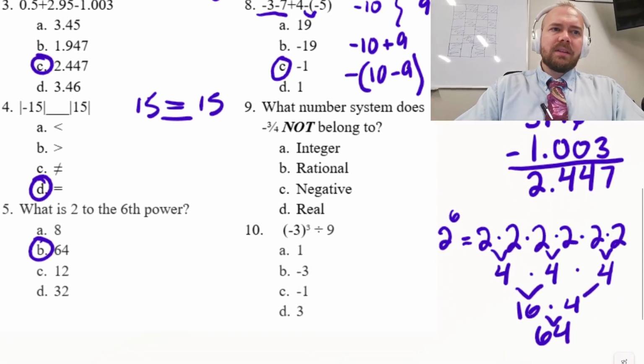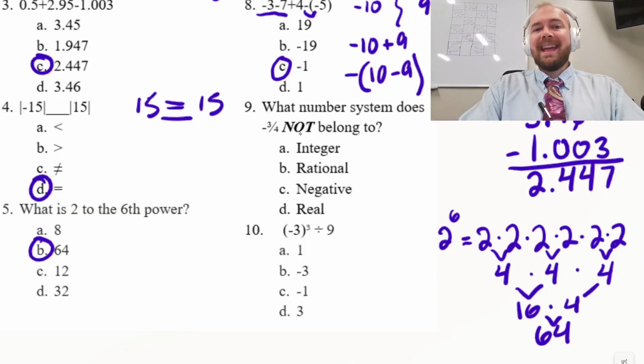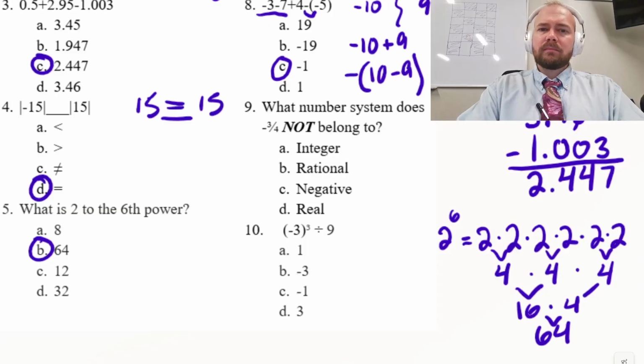What number system does -3/4 not belong to? Anything that's a fraction or a decimal is not an integer. So already that's the answer. It's not an integer. It is rational. A rational number can be negative or positive. So just because it's negative doesn't mean it's irrational.